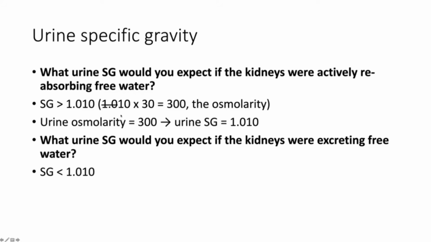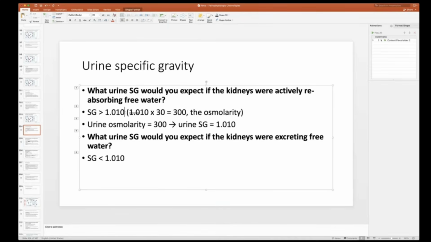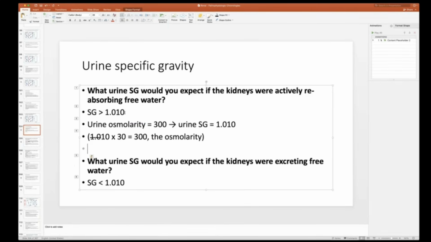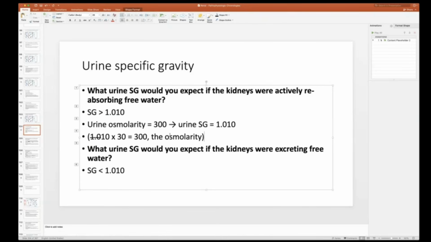The concept I want you to remember is that you typically think about urine osmolarity, which is a pretty easy concept to wrap your head around. I want you to make the quick translation: okay, urine osmolarity 300, urine specific gravity 1.010. If you graph the urine specific gravity versus the urine osmolarity, it literally is a straight line.